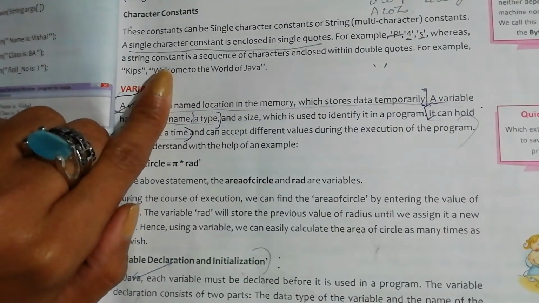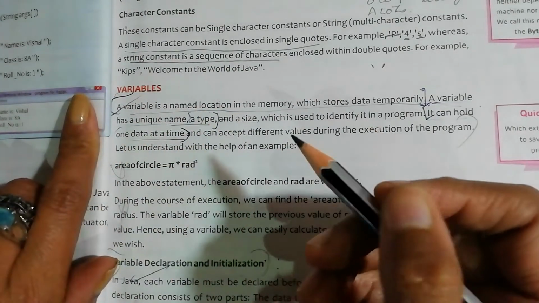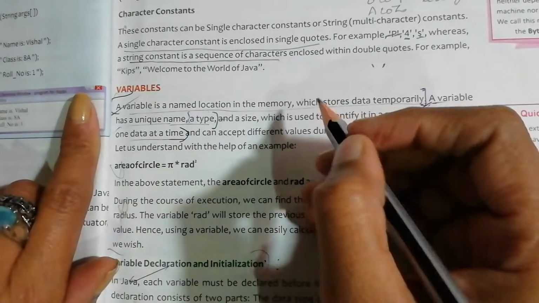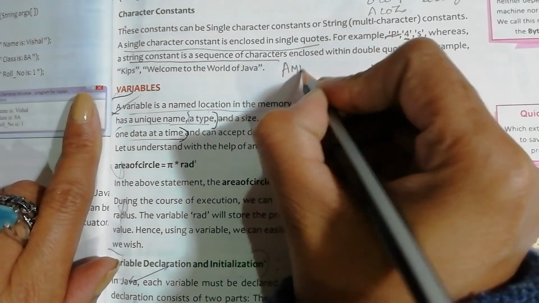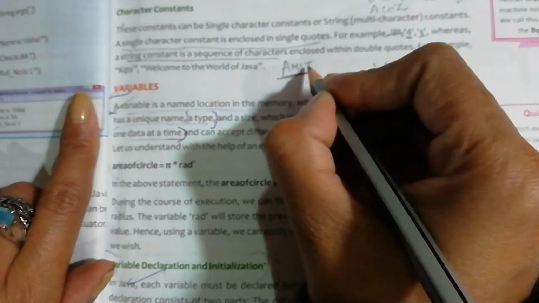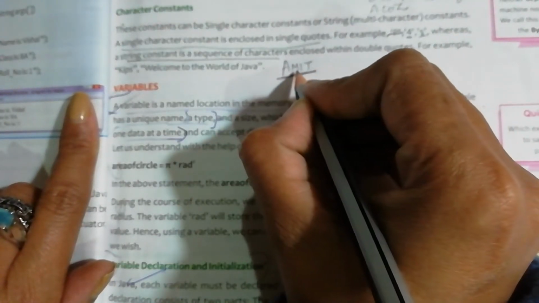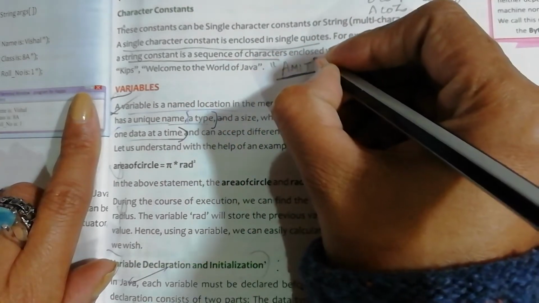Whereas what is a string? A string constant is a sequence of characters. For example, I'm going to write a name, Amit. So it is a collection of characters. This is called a string, but there is a condition: you have to enclose it in double quotes.